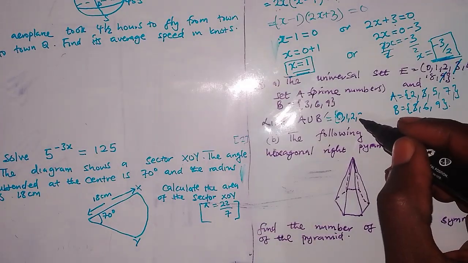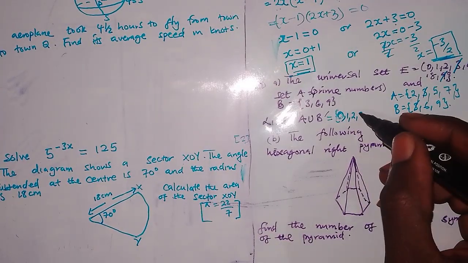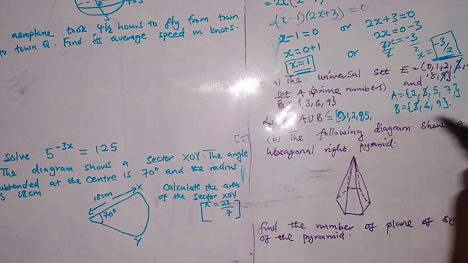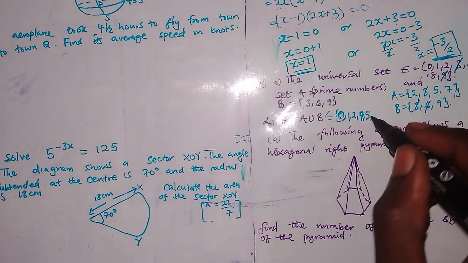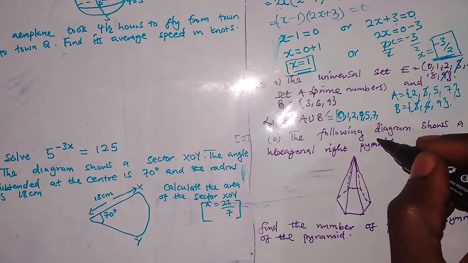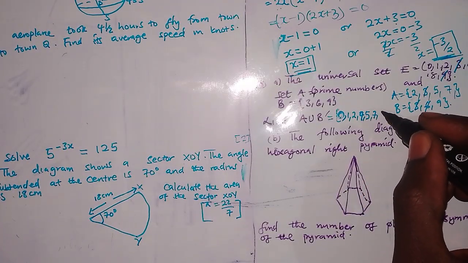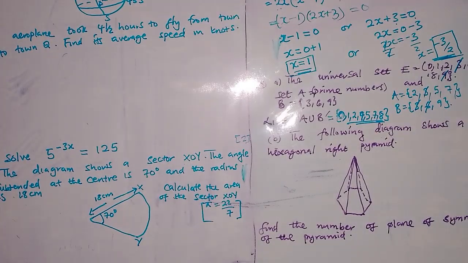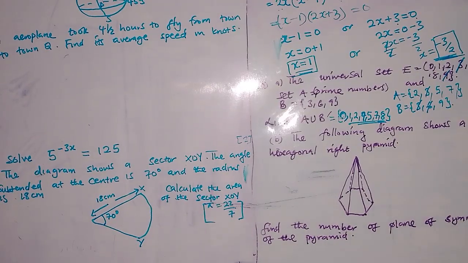So 1, 2, 4, 5, 6 is in B, so we won't write it. 7 and 8. So these are the numbers which are in A union B complement.